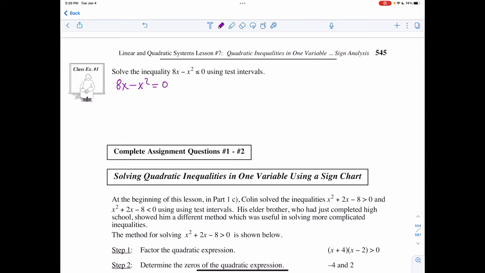When I factor this, it's going to be x times 8 minus x is equal to 0. And that means that x is going to be either equal to 0 or 8. Those are the two possible roots.